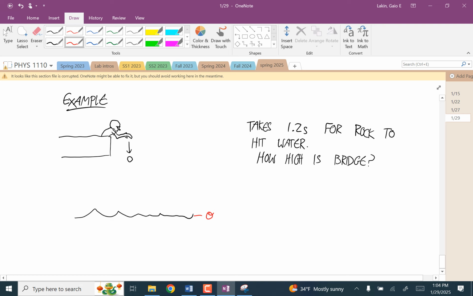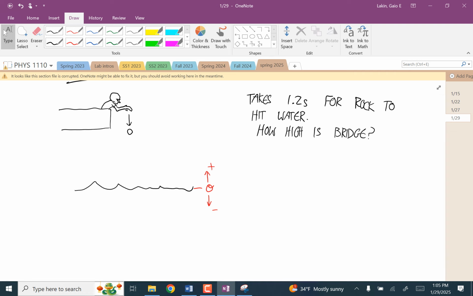In this case, it's the water. In a lot of problems, it would be the ground. And I'm going to put my positive direction up. And now we have to choose the two instants.